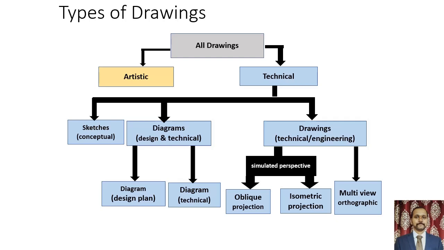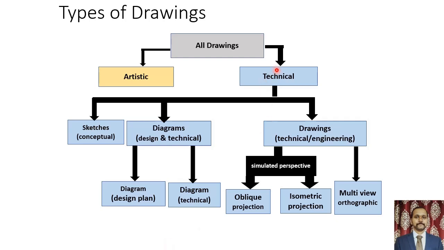Artistic drawing is whatever artists do, like paintings and so on. If we talk about fashion industries and some other industries, these artistic drawings are used. This is not our concern for this topic, so we are restricted here. We actually deal with technical drawing.